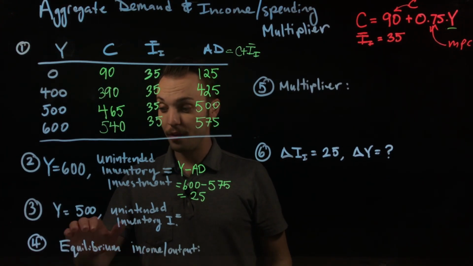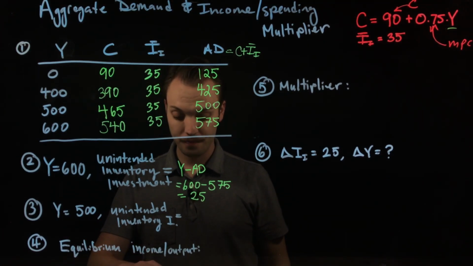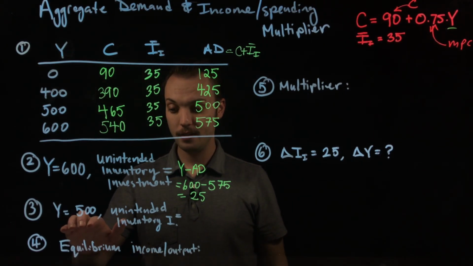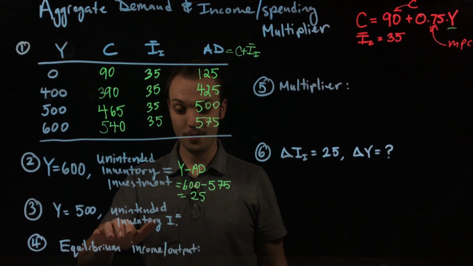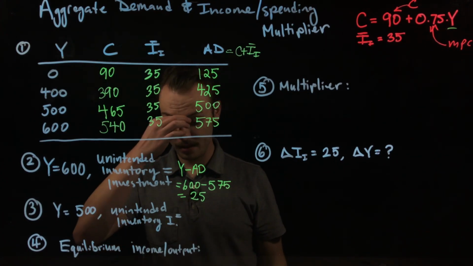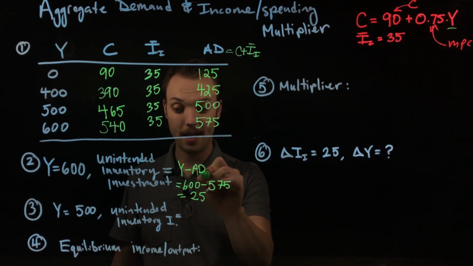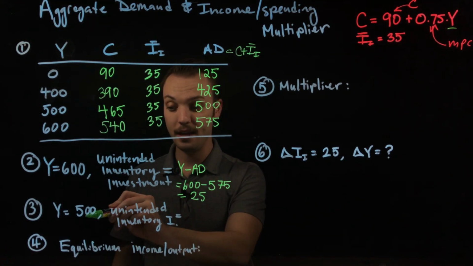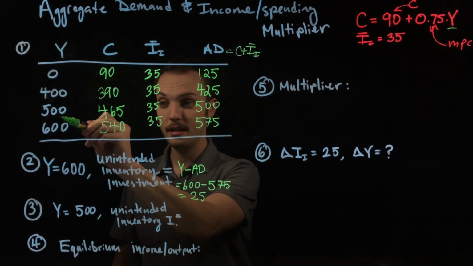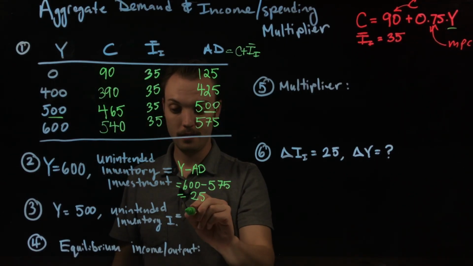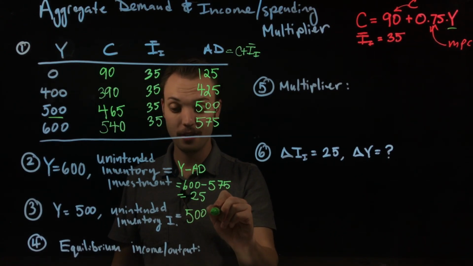Moving on to the third part of the exercise, if for some reason income were 500, what would be the unintended inventory investment? Again, same thing as the second part of the question. Here we have, again, income minus aggregate demand. At income equals 500, aggregate demand also equals 500, right? So 500 minus 500 is 0.